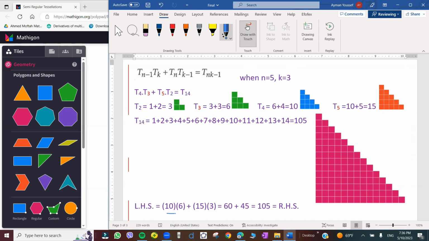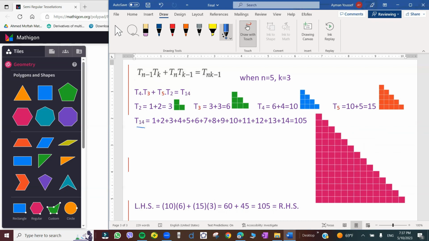So it will be 10 times 6 plus term number 5 times term number 2, which is 15 times 3. The left-hand side will be 10 times 6, which is 60, plus 15 times 3, which is 45. And 60 plus 45 equals 105.